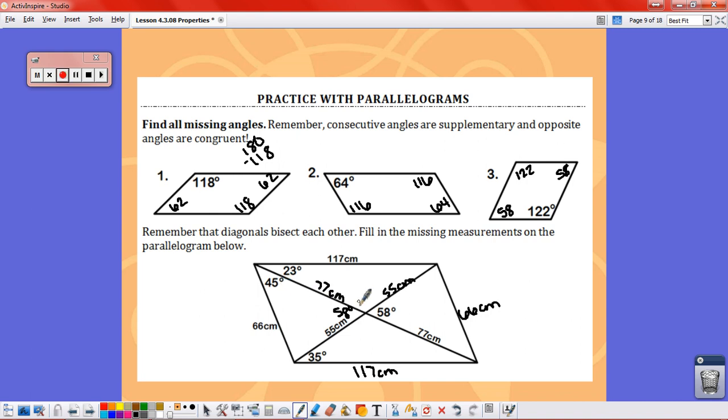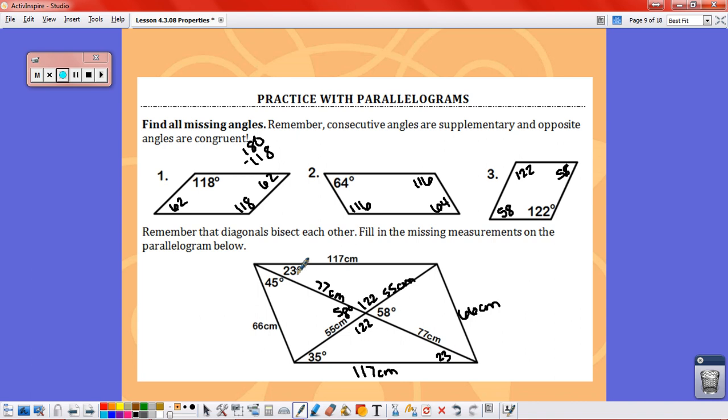This makes a supplementary angle with 58, so it'd be 122, and there's a vertical angle, 122. 35 and 122 is 157, and 180 minus 157 is 23, just like this one.